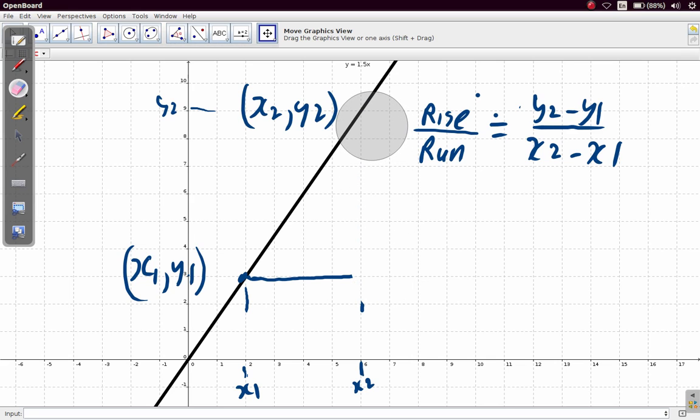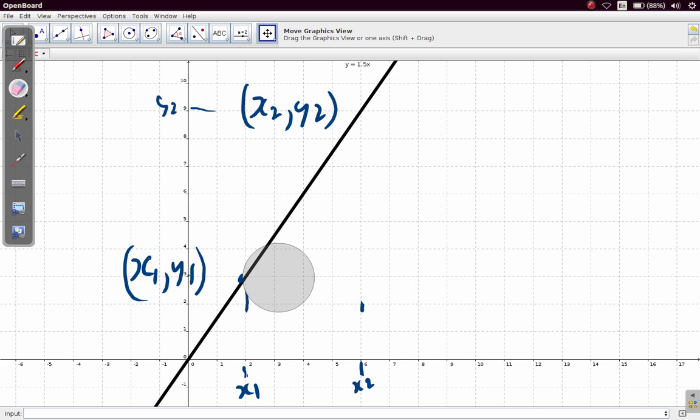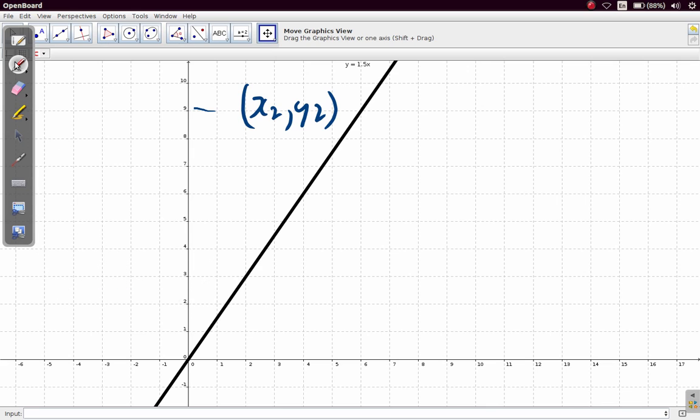Now let's look at the numbers that we're talking about. Let me put my x1, y1 further out.